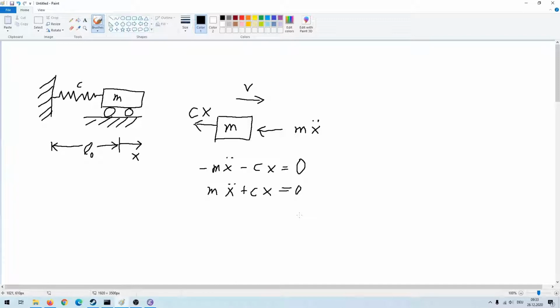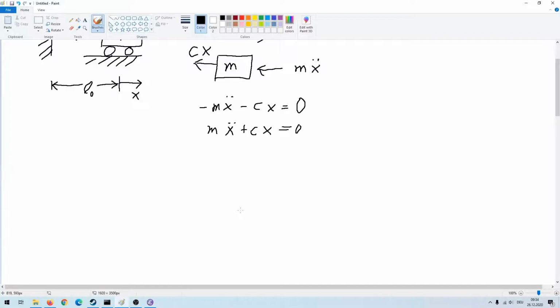Now we have an ordinary differential equation for our system that describes the state of the system for a specific initial case at any point in time. And the system is homogeneous since there is a 0 on the right side, and the system is ordinary since we only have one variable, and it's with respect to time.